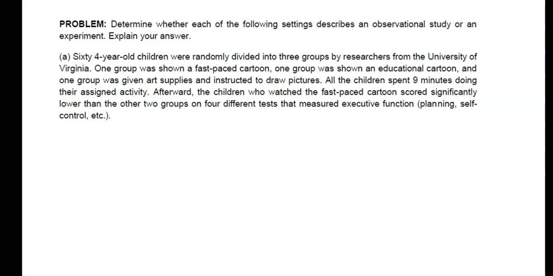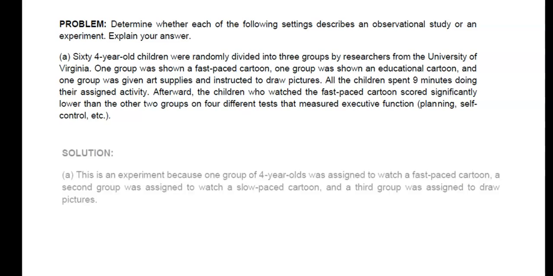Afterwards, the children who watched the fast-paced cartoon scored significantly lower than the other 2 groups on 4 different tests that measured executive functioning, planning, self-control, etc. So they were divided into 3 groups and did 3 different things. That's an experiment, right? Because they were told to watch this or do that.